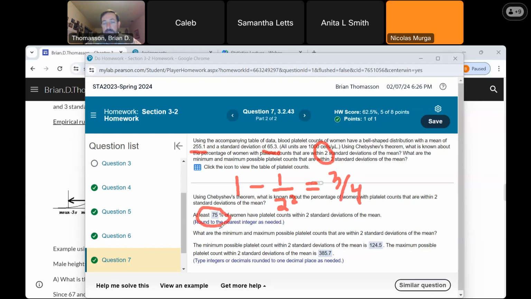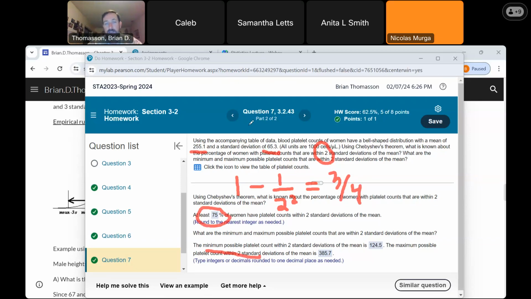The other thing they ask is our minimum possible and our maximum possible counts for 2 standard deviations. That's the same thing, going back to our inside 2, outside 2. Inside 2 is likely, outside 2 is unlikely. They want to know what those cutoffs are.